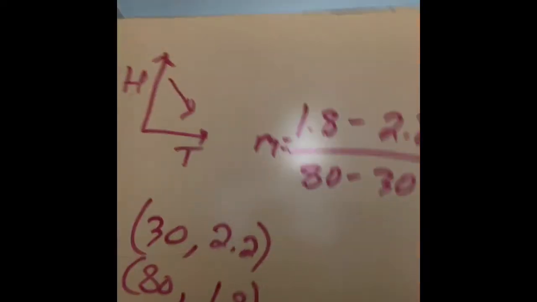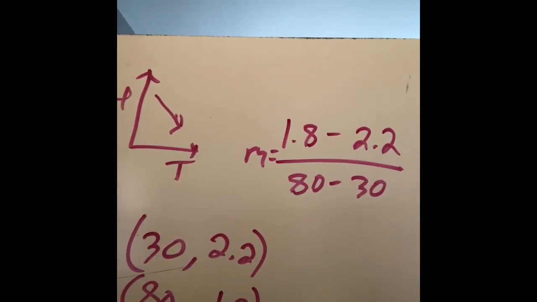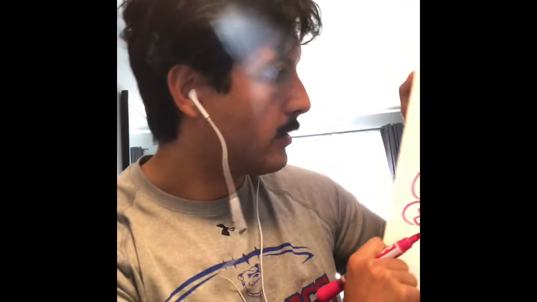So y2 minus y1, I'm going to go 1.8 minus 2.2 and 80 minus 30. So there's my values. I just randomly chose 0.1 and 0.2. Really doesn't matter. Just how it went.